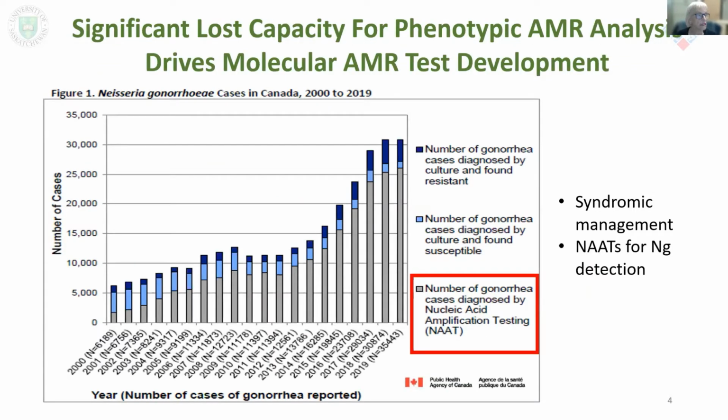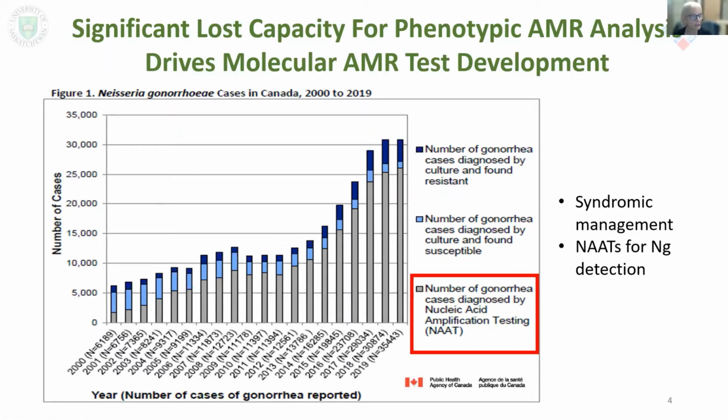A troubling trend, however, is the loss of capacity for phenotypic AMR analysis, as Irene Martin just described to you, across the globe. And that is driving molecular AMR test development. The loss of capacity has been due to syndromic management in resource poor environments, or the use of nucleic acid amplification tests for the detection of Neisseria gonorrhea.